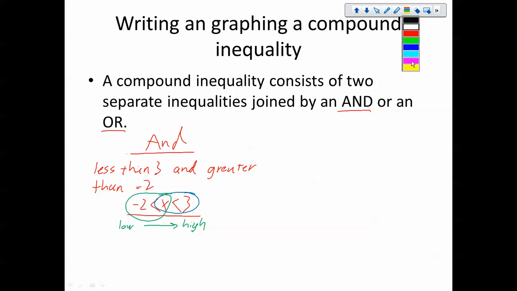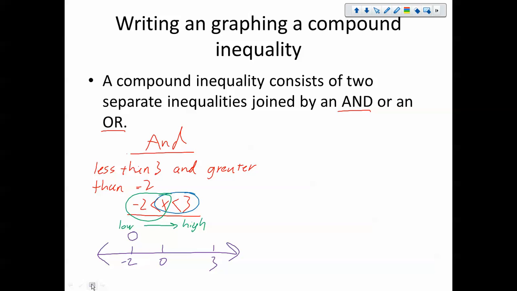These graphs will look something like this. So if this is 0, -2, and 3, we need to use the graph to represent all of the numbers between -2 and 3. Well, that's all of this stuff in between. But it's not -2 or 3, because notice these are less than, not less than or equal to.